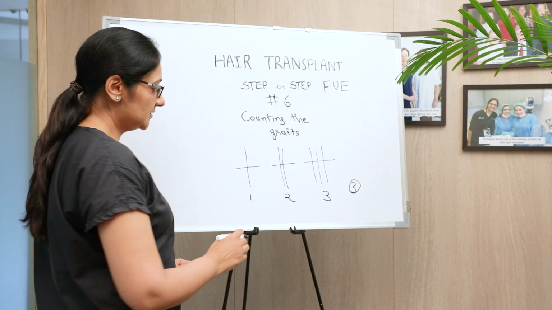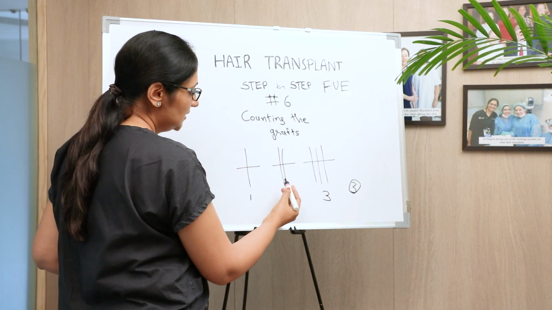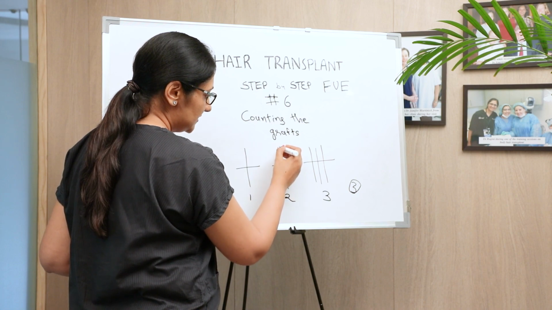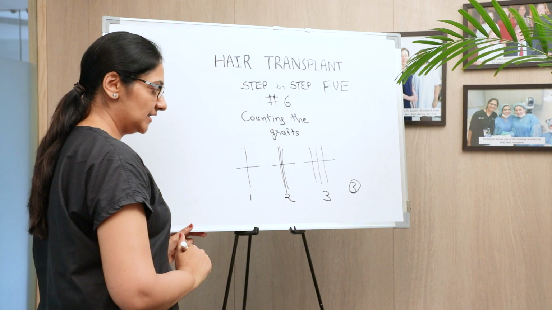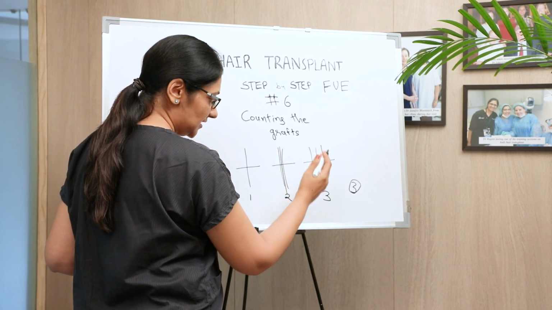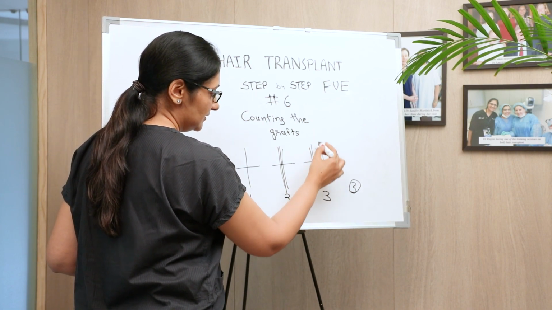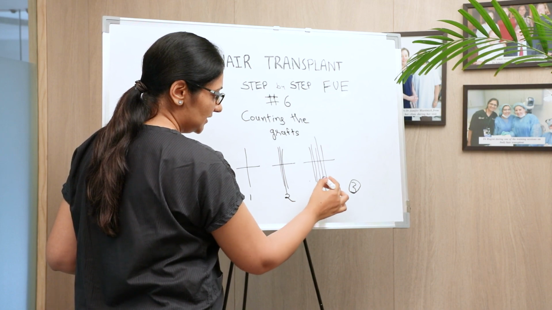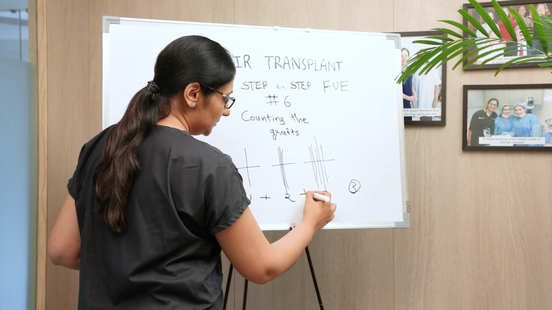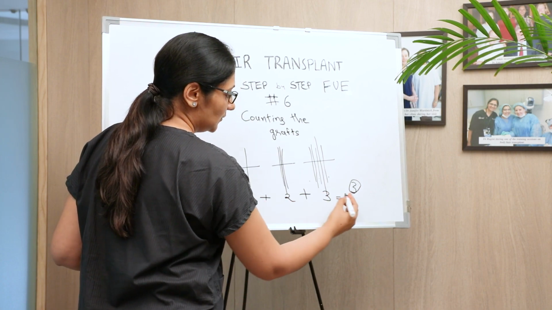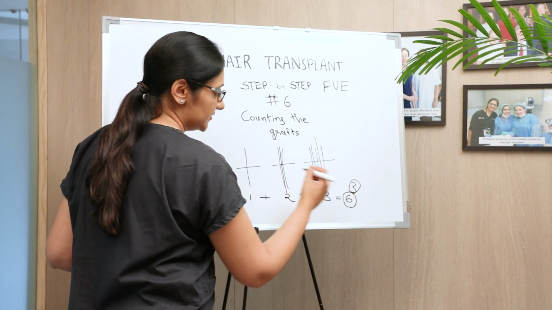Sometimes at a few places they consider this as 1. This 2-haired graft is divided into 2 single-hair grafts and the 3-haired one is again dissected into 3 single-haired grafts, which gives you 1 plus 2 plus 3 is equal to 6 grafts.